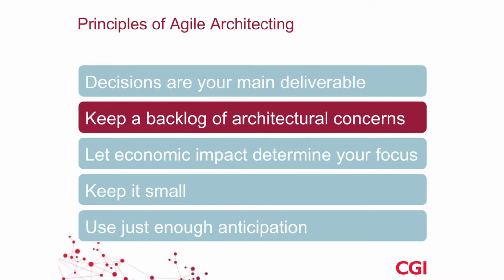That doesn't fit so well with working in an agile context because of granularity, for example, but also because of the background of what we are doing the architecture for in the first place, which is the third principle: economic impact determines your focus.